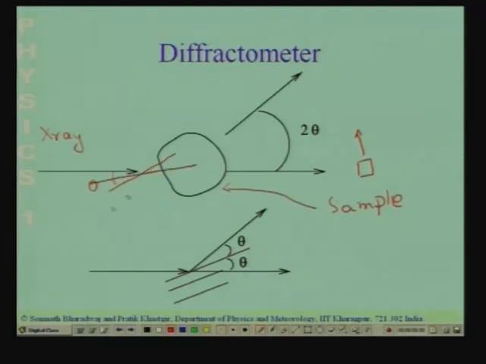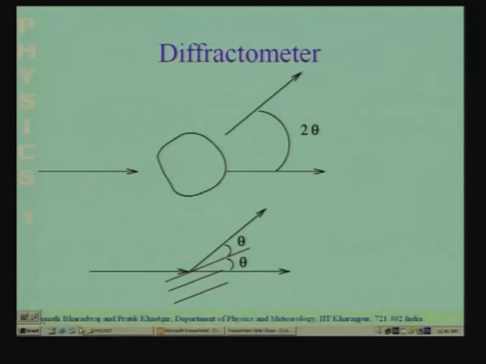Okay. So, you can measure the intensity of the scattered light as a function of this angle, which you can interpret as being twice the grazing angle with respect to the planes which have scattered the X-ray in this direction. And what you get from the X-ray diffractometer is the intensity pattern as a function of this 2 theta.